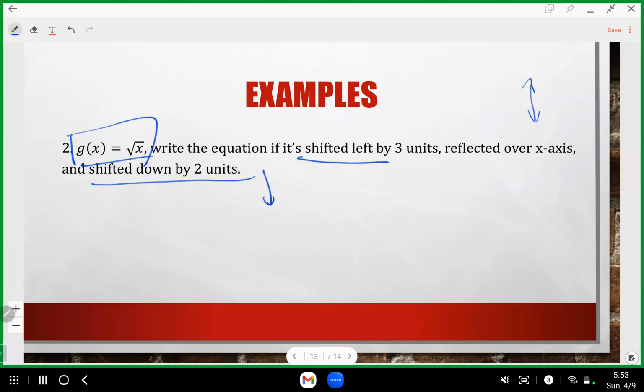So first, let's deal with the domain change, which takes priority because it changes the domain, the most important thing here. So our original is going to be x. It's shifted left by 3 units.